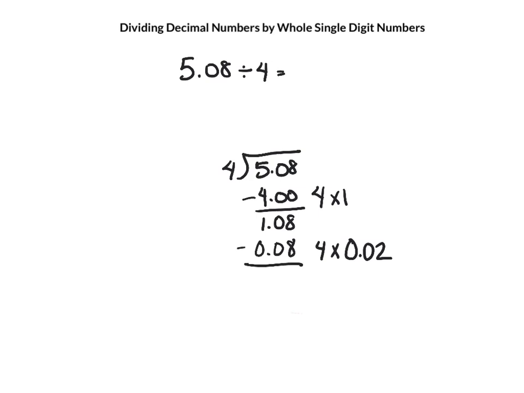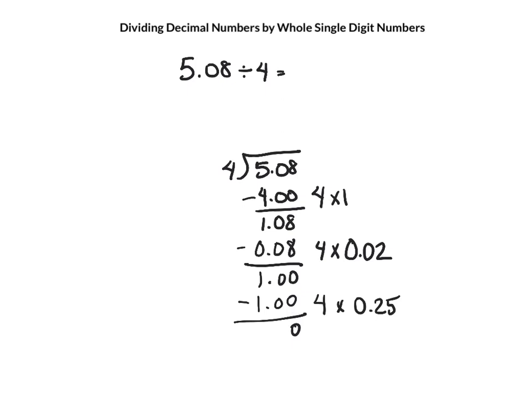And I'm left with 1 whole. And I'm going to look at quarters again and say 4 times 25 cents will give me $1.